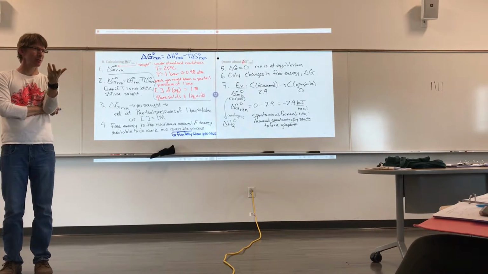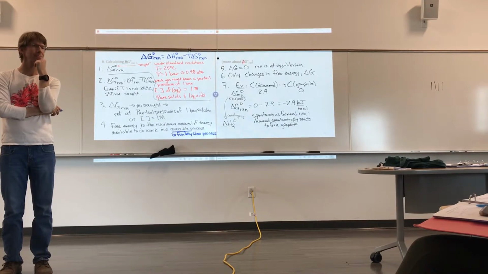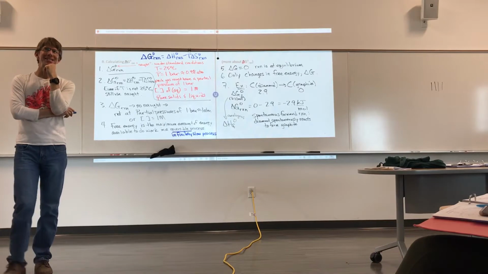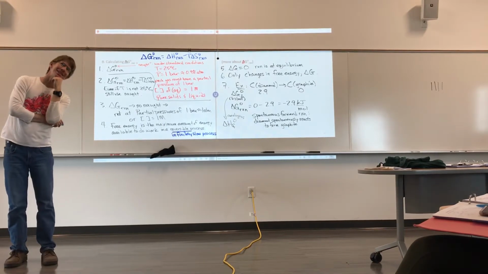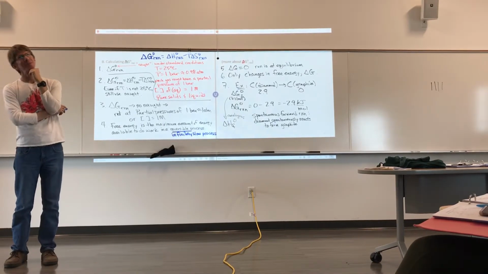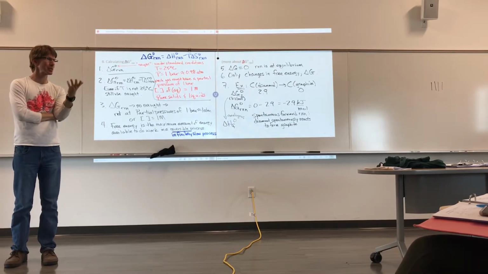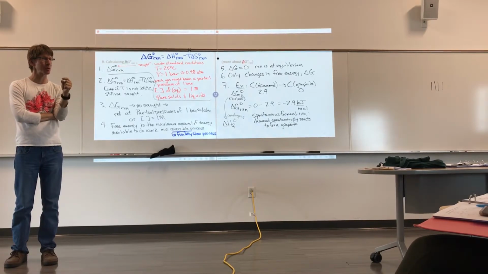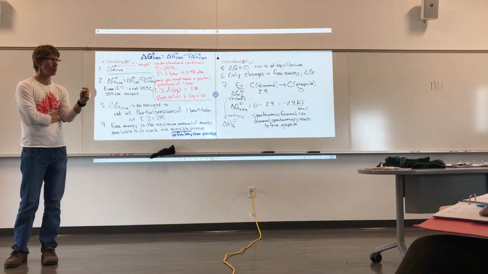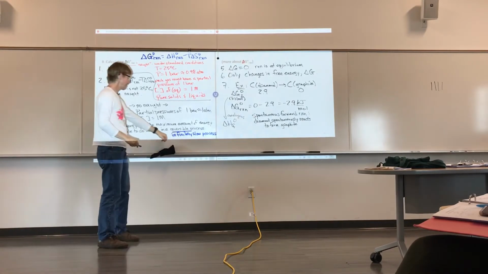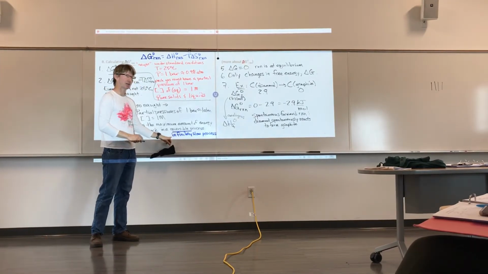Ethan, question: you talked about last semester the size of the pistons playing a role. Is that going to help clear it up? So, yes, size, speed, basically the smaller the pistons and the slower the piston goes, the closer to this reversible process you are.